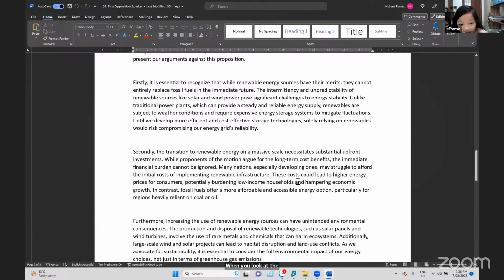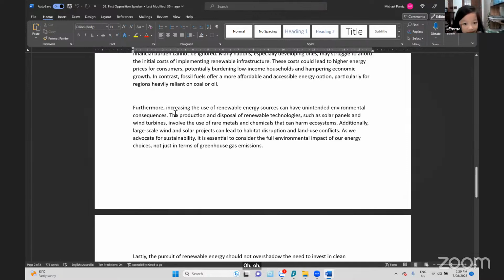These costs would lead to higher energy prices for customers, potentially burdening low-income households and hampering economic growth. In contrast, fossil fuels are a more affordable and accessible energy option, particularly for regions heavily reliant on coal or oil.